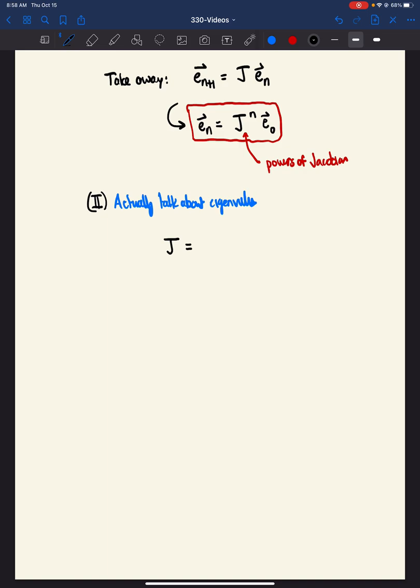So, for example, in this case, we can expand this in the following manner. We can write this in terms of a matrix V times a matrix capital lambda times the inverse of V. So let's define these things.